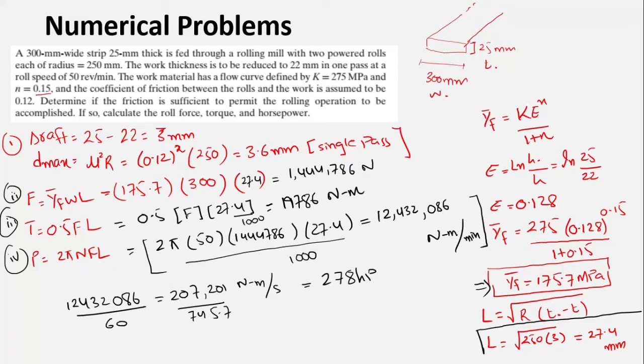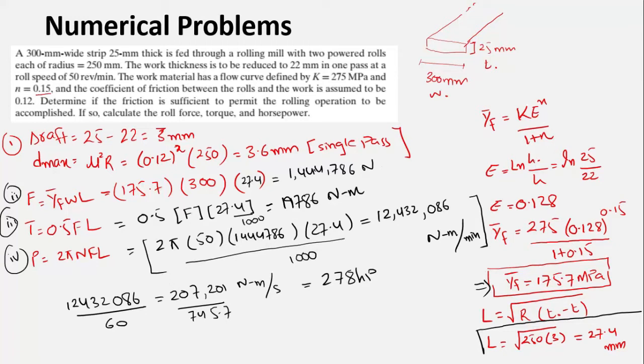As you can see here, this force depends upon the YF, that is the flow stress. We cannot alter the flow stress because the strength constant of the material will remain the same.